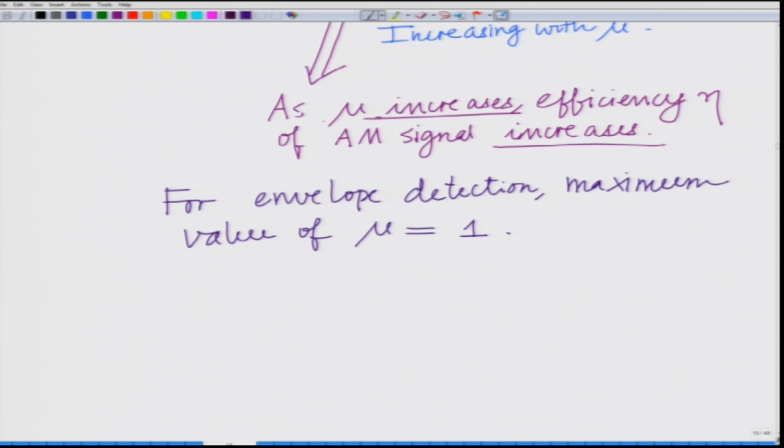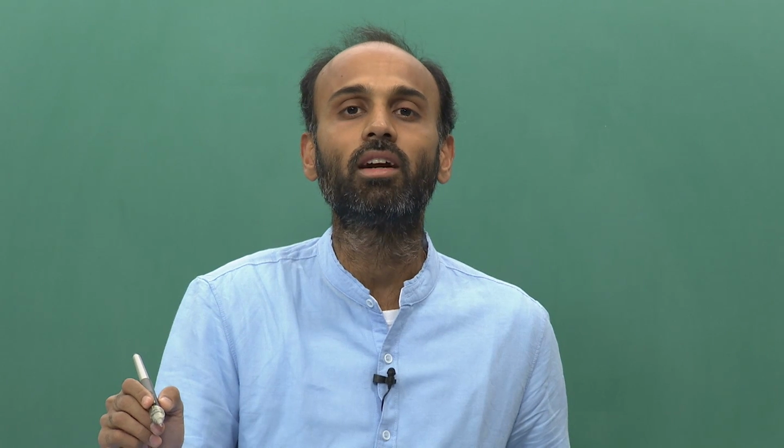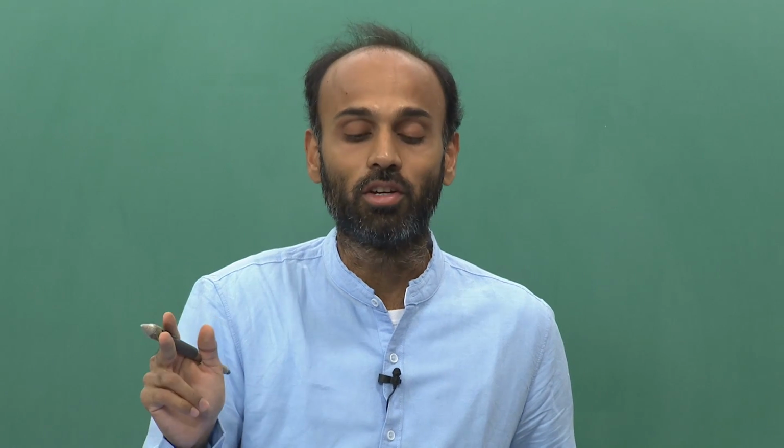Otherwise, if mu is greater than 1, then the carrier becomes over modulated, correct, and this leads to envelope distortion, remember.